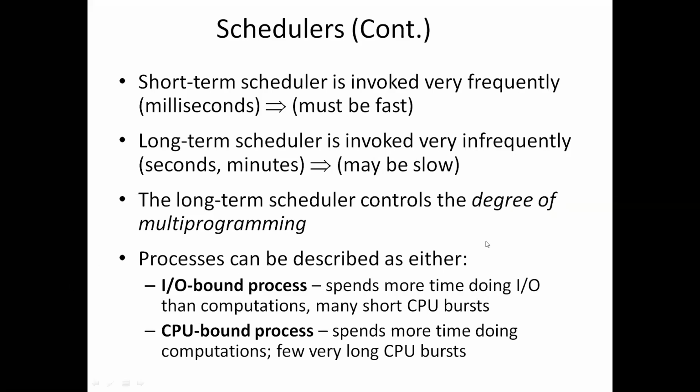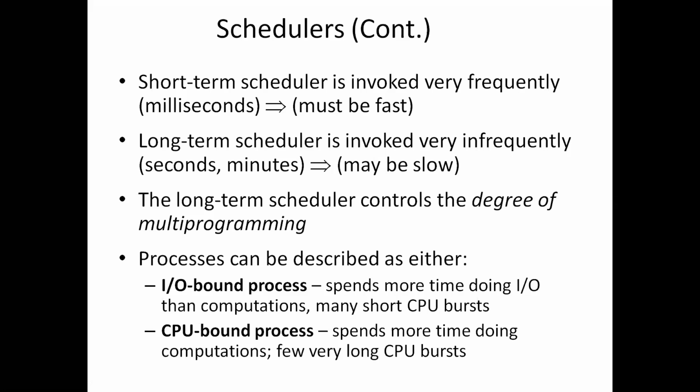Processes can be described as either IO bound processes or CPU bound processes. An IO bound process spends more time doing IO than computation, and many short CPU bursts come under IO bound processes.